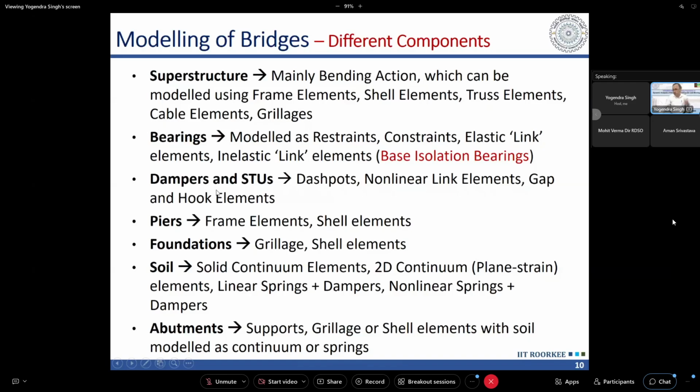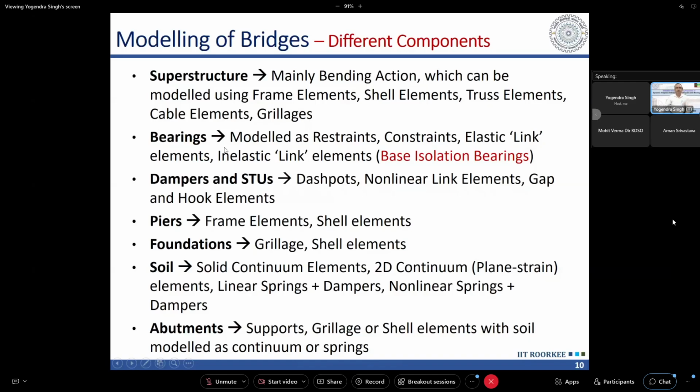Then the second important component, which we also saw in the damage photographs, is the bearings. Bearings are usually modeled just as restraints, that is, boundary conditions. Suppose I have a superstructure supported on a rigid abutment.